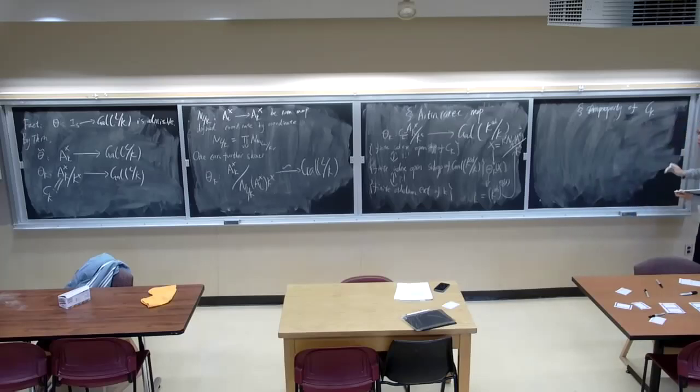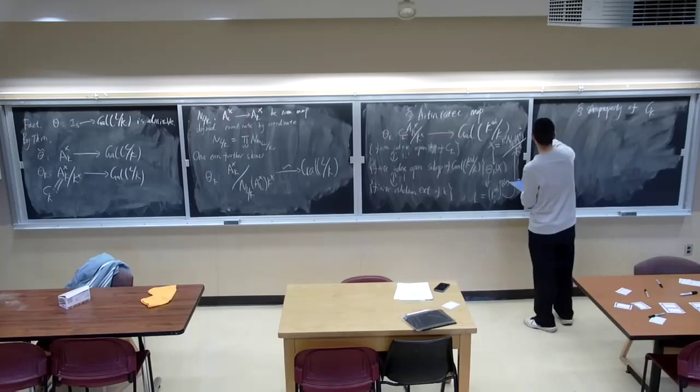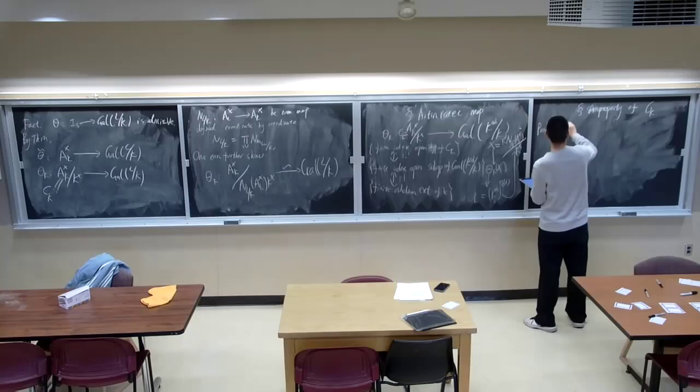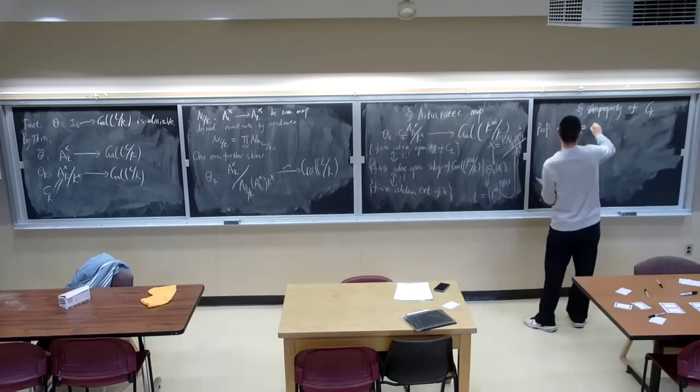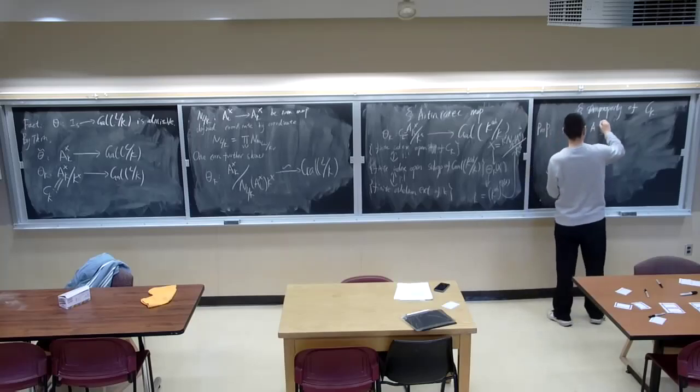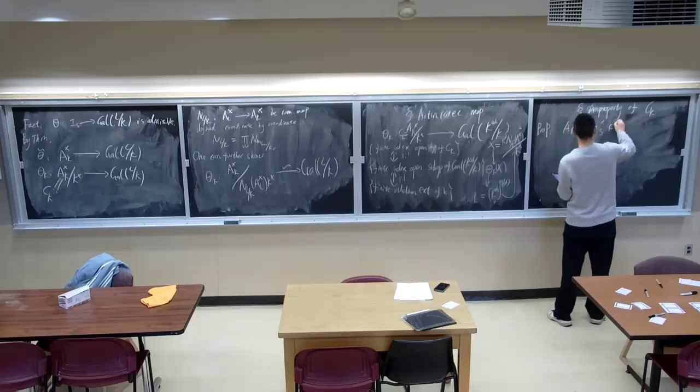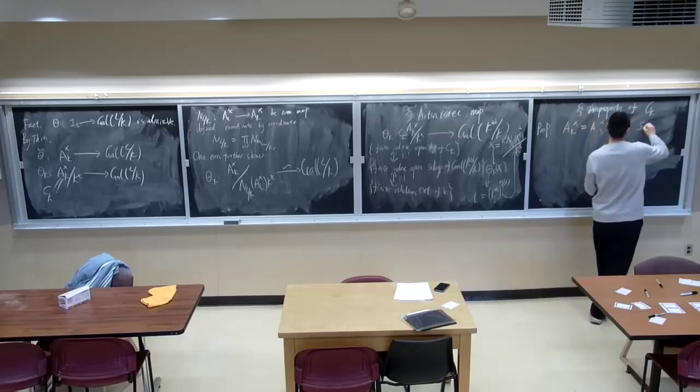So let's just talk, in the last few minutes, about properties of this C_K. Proposition: this A_K cross can be written as A_{K,S} cross times K cross for S sufficiently large.